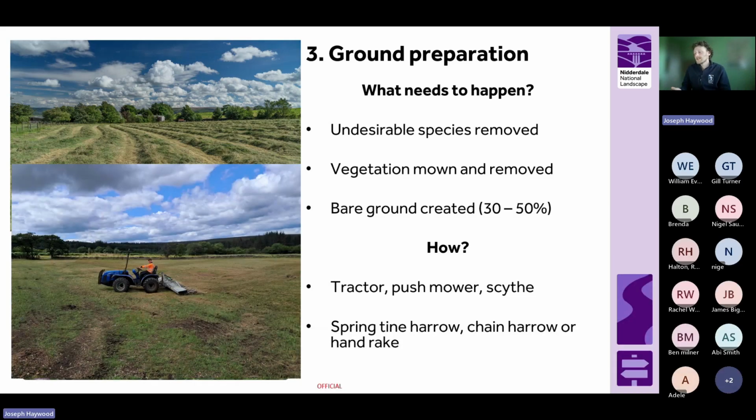I would say a springtime harrow is more sensitive than a chain harrow. So if you had target species like wax caps, you'd want to avoid those wax cap areas with harrowing. But I would use a springtime harrow just in case you did go over any areas where the fungi were, so you're not going to damage the soil too much and damage those mycelial networks.